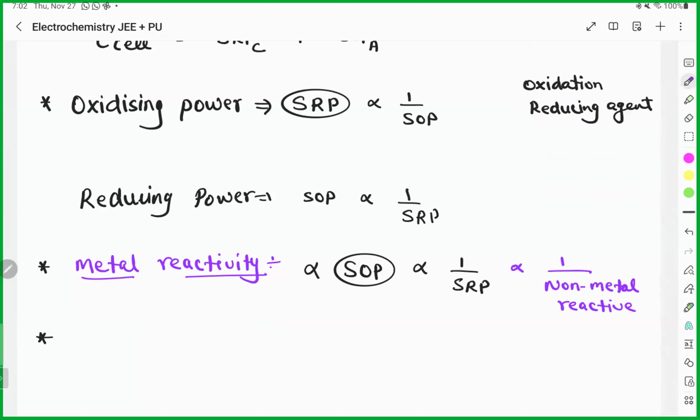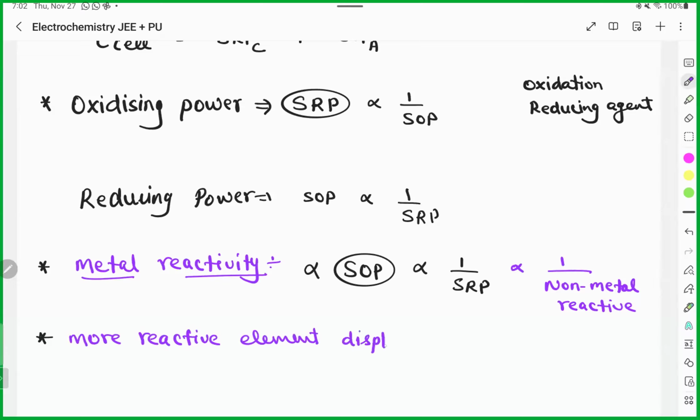The more reactive element will reduce the other, so it should have higher oxidation potential. So a more reactive element displaces a less reactive element in the solution, right?